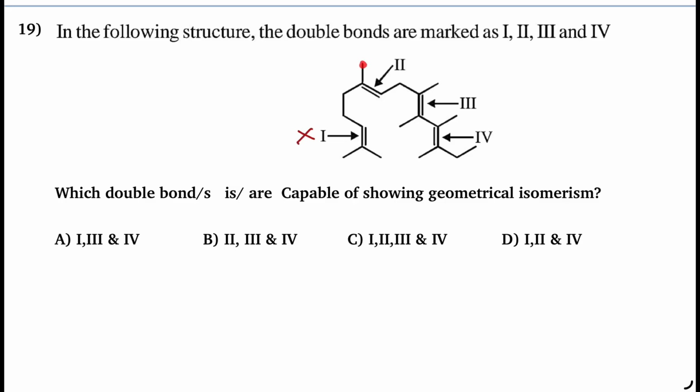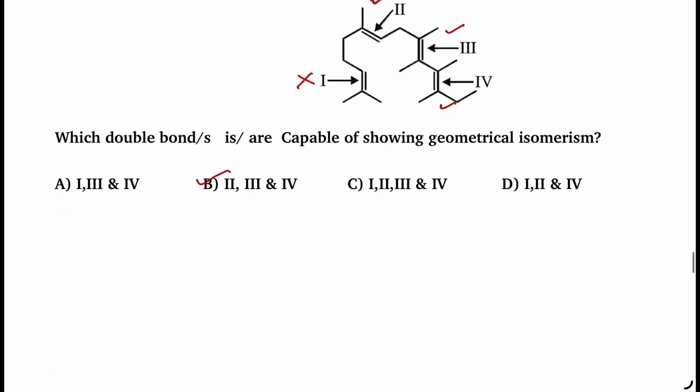And here we have a methyl group, and this group is different, methyl group and hydrogen are different. So this is a geometrical center. And here the methyl group and this bulky group, methyl group and this bulky group, ABAD type of structure. So this also shows geometrical isomerism. And here, yes, methyl and ethyl, methyl and some bulky group, it also shows. So the answer must be 2, 3, 4.